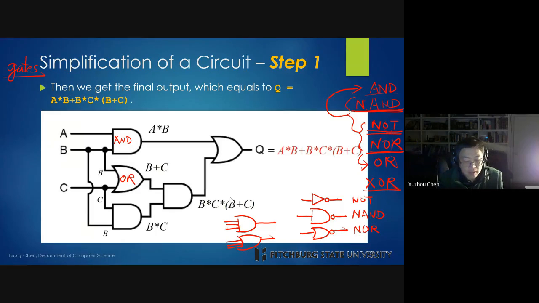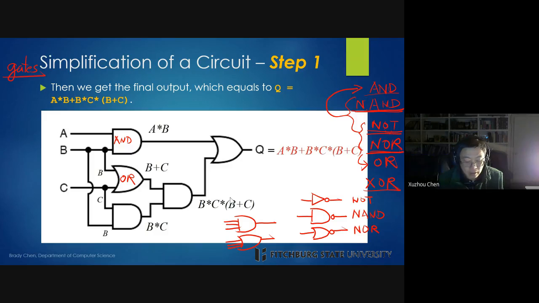So we also discussed how can I simplify the Boolean expression? Now, to answer the question, first we need to answer: what is the simplest form?